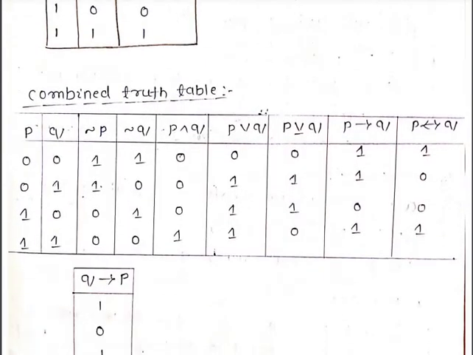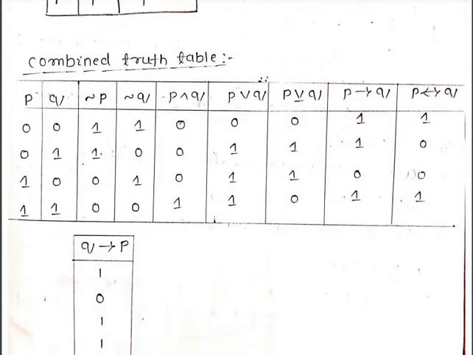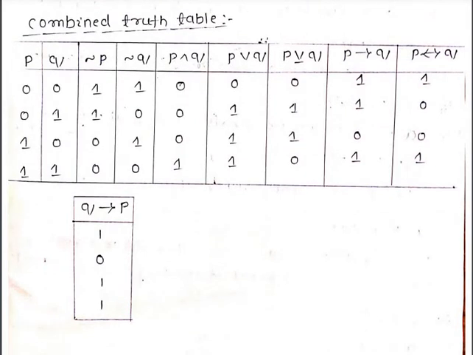Combined truth table. Now let us see the combined truth table of all the logical connectives we have seen. As we know, generally we will have four value combinations to check: 0 0, 0 1, 1 0, 1 1.